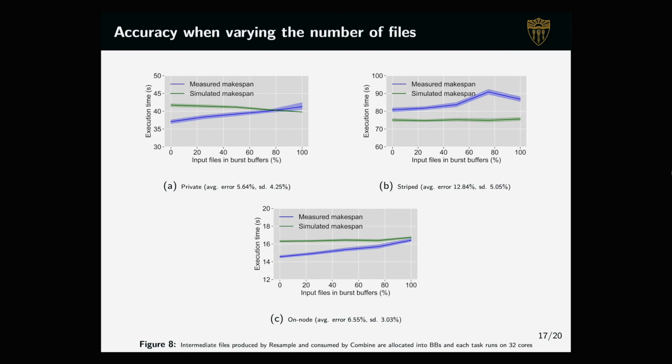So it's harder for the simulator to take that into account, and we need to improve our simulator by implementing a more complex striped mode to mimic what the Create Data Warp runtime is doing under the hood. However, it's still good accuracy, below 15%, so it's not that bad.